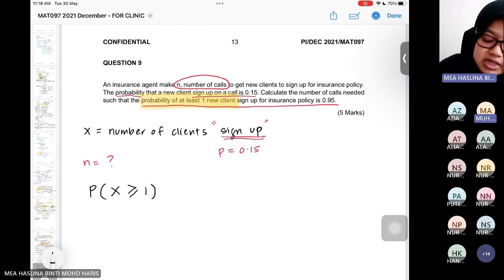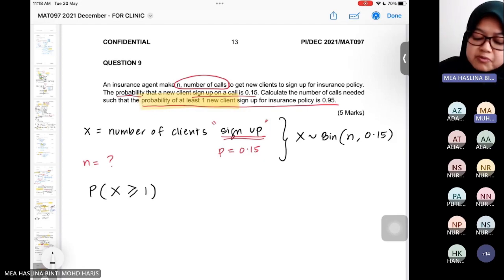We are now considering X a binomial distribution with unknown N and probability of success 0.15. So probability of X greater than or equal to 1 is 0.95, meaning 1, 2, 3 until N unknown.